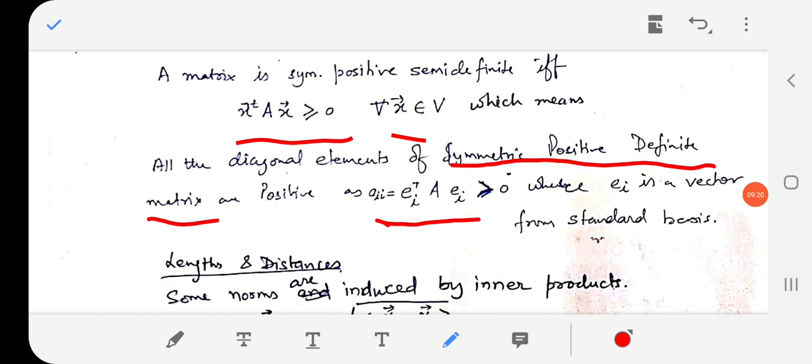If I take the vector 1 0 0 0 and its transpose and compute x transpose Ax, I will get only the diagonal element, which means all the diagonal elements have to be positive. That is one of the results that comes out of positive definiteness: if a matrix is positive definite, its diagonal elements have to be positive.